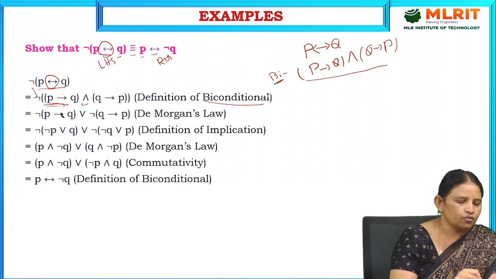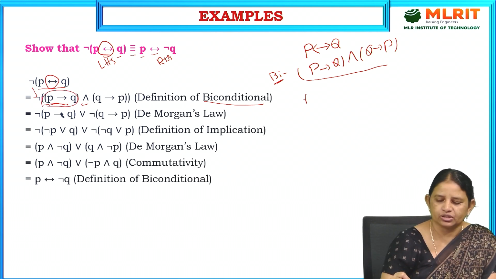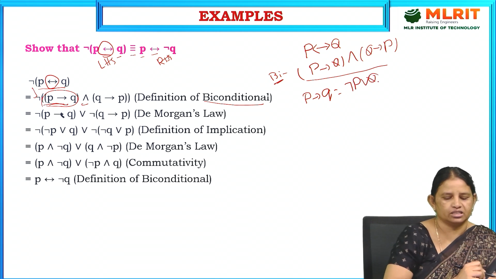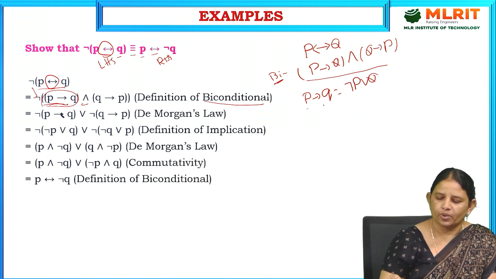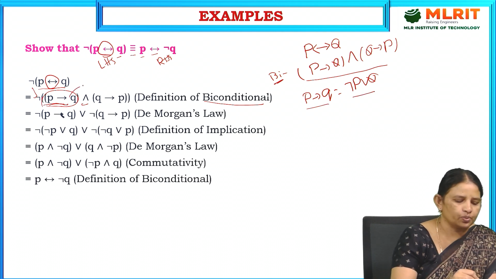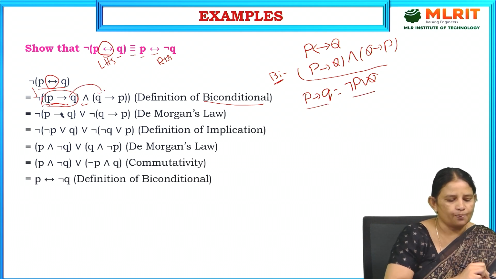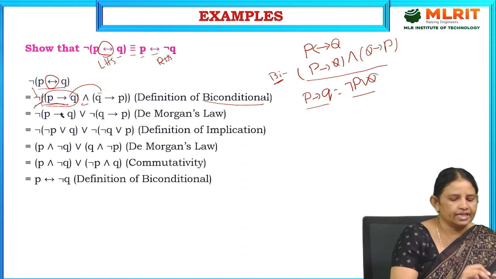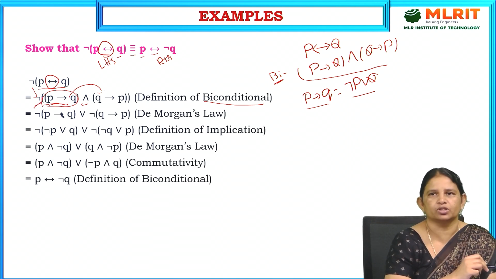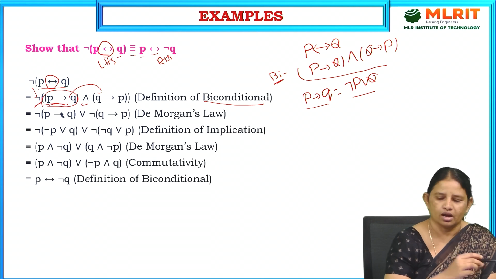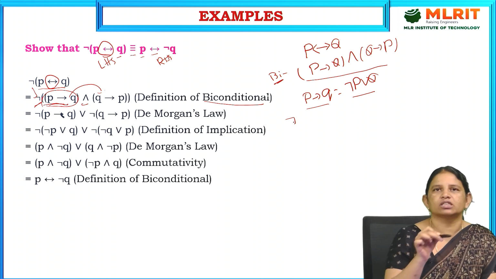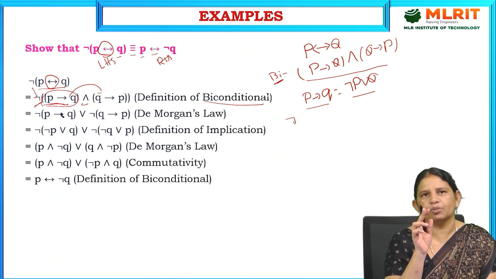So we know what the conditional law is. P → Q is ¬P ∨ Q. This is the conditional law. We need to apply the conditional law to both propositions. Before applying it, we need to apply the negation to the inside of the proposition according to De Morgan's law. If the negation is applied to the inside of the proposition, remember two things.